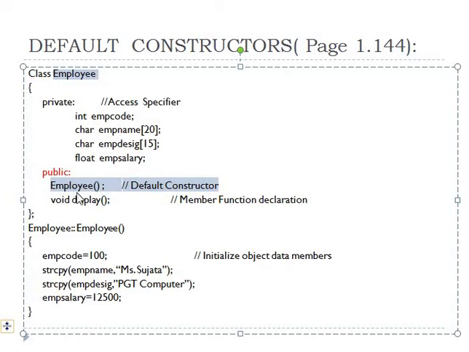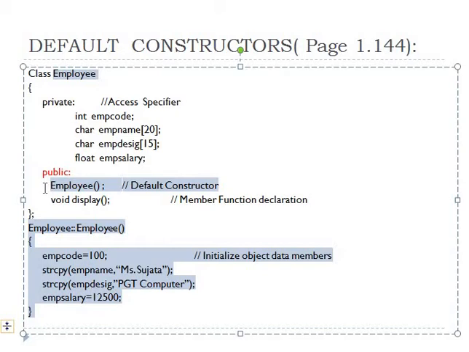So in this case, employee here is a default constructor. The body of this default constructor has been defined outside of this class using the scope resolution operator. As the constructor doesn't have any return type, I don't have to put any return type over here.